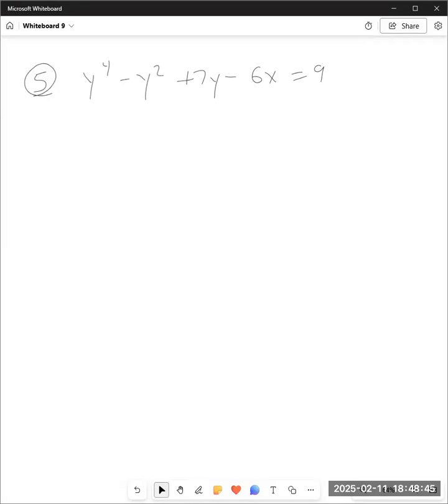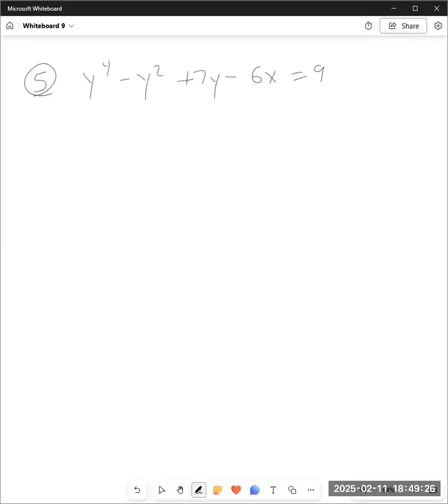So I can't easily find dy dx by separating my x's and y's and getting a y all by itself, because this is a function that is defined implicitly where I need both x and y to solve it at the same time, or I'd have to solve for x as a function of y, and we don't normally take derivatives in the form of dx dy.